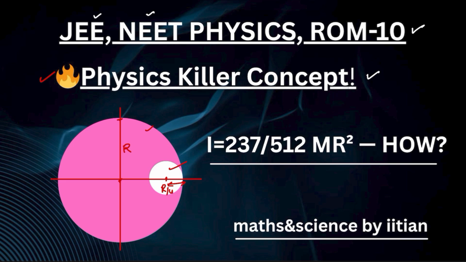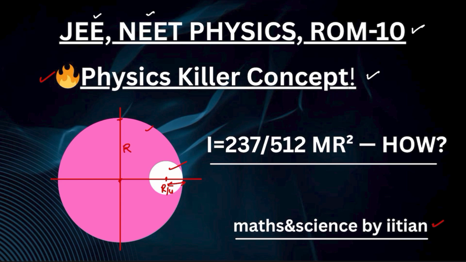Now what happens to the moment of inertia of the body from which the r by 4 disc is removed? That disc of radius r by 4 is removed from the original disc of radius r. What happens to the effective moment of inertia? That is our question.